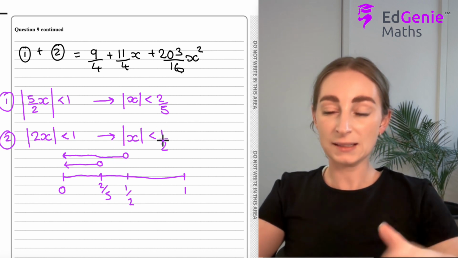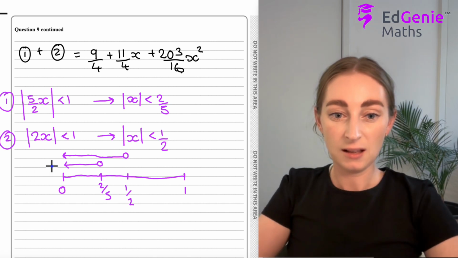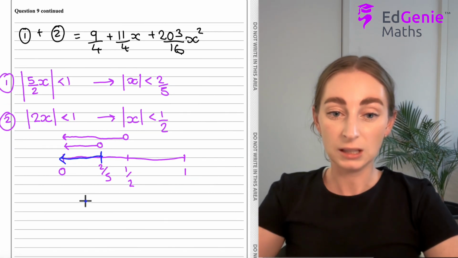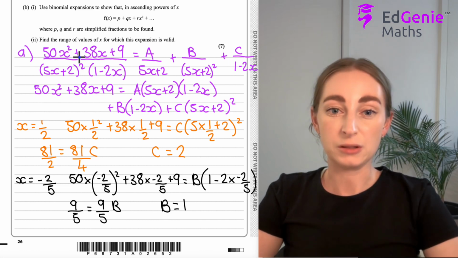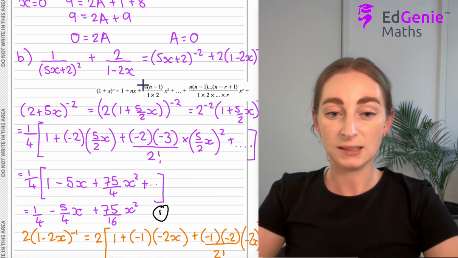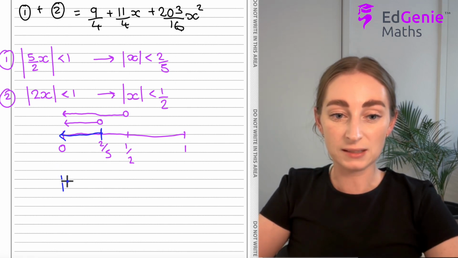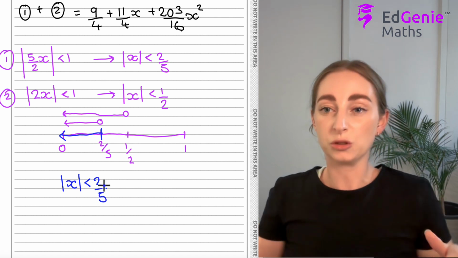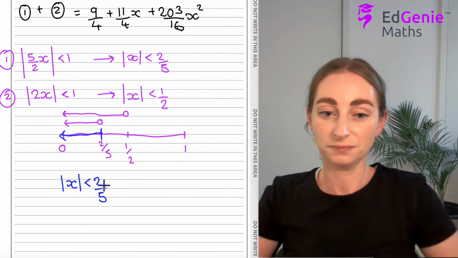So what satisfies both expansions? So it must be from here downwards. So that means that the overall range of values for which the expansion is valid is going to be this one here. So it's the modulus of x is less than 2 over 5, because that's the more restricting one. So you want to go with which one is more restricting. Okay?